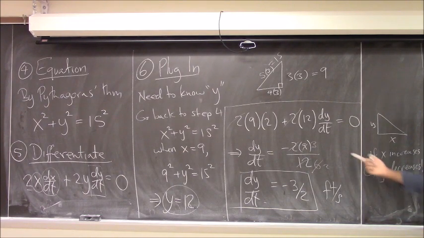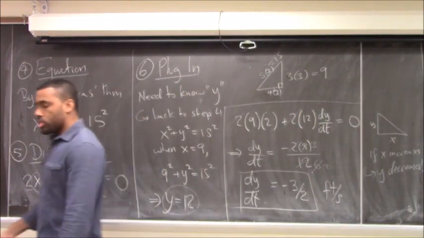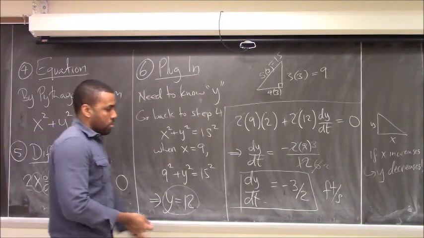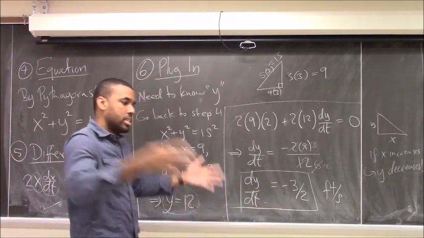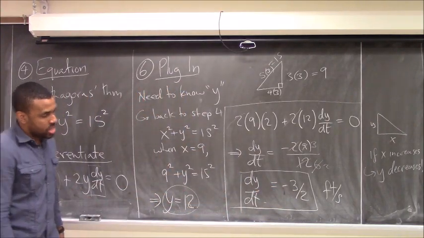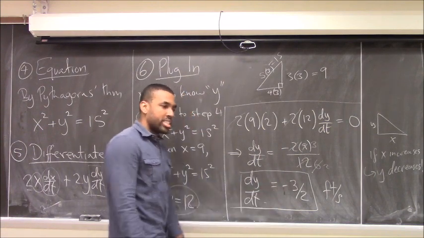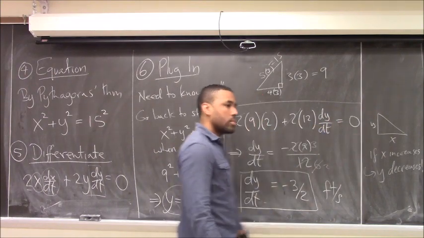So your answer should be negative, which means at the end of the day with these problems, you also need to know whether your answer makes sense or not. You will take the interpretation of the derivative that a positive number means it's increasing or getting larger, while a negative number means it's decreasing or getting smaller. And in this case, a negative answer makes sense because we do expect the y value to be decreasing.